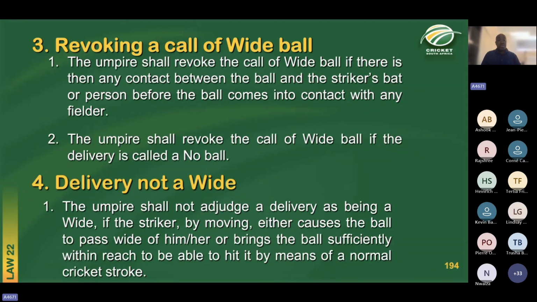It will still be within reach of the striker playing a normal cricket shot, so that would not be called a wide. Calling of wides comes with experience. You need to be able to watch the feet landing as well as the striker moving at the same time to be able to correctly judge a wide.